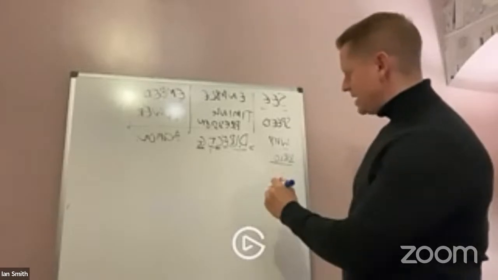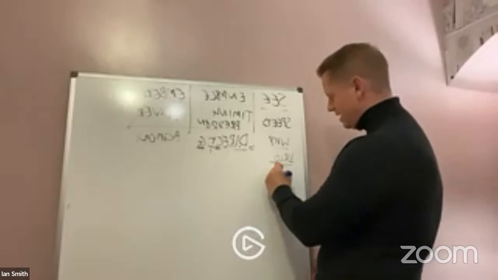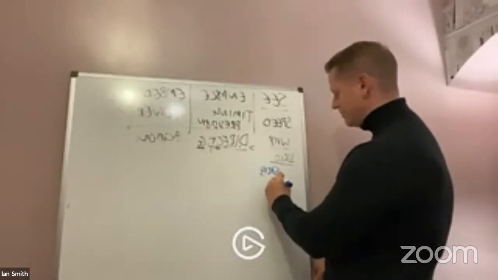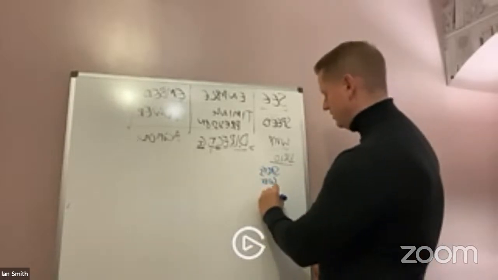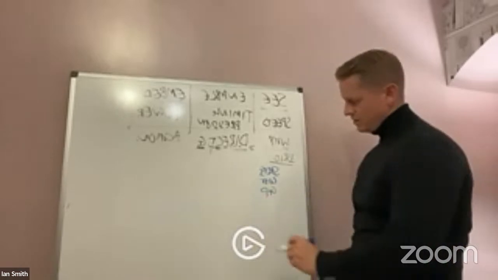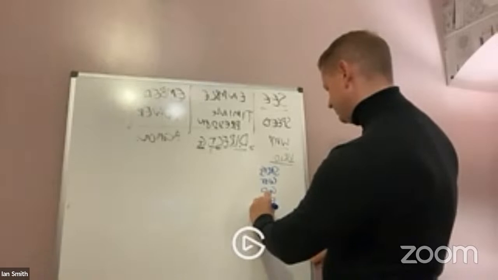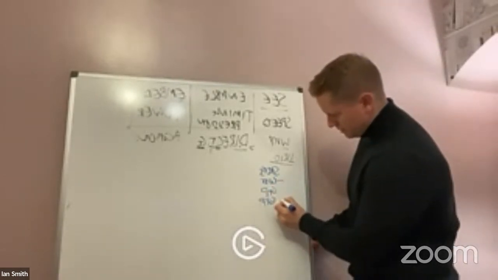So if you think of a P&L, a profit and loss statement, you obviously have sales and you have cost of sales, which gives you your gross profit. Okay. You then have expenses. Okay. So these are minus, these are minus.